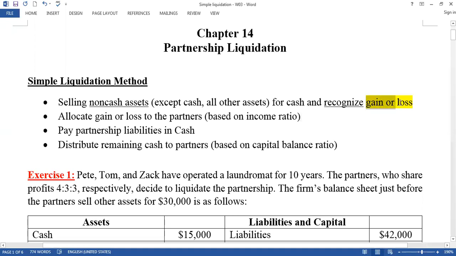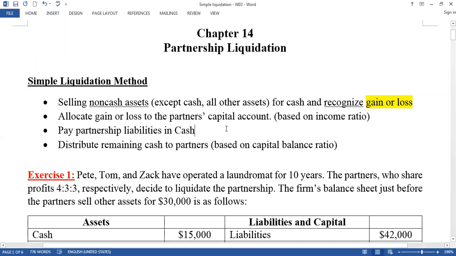But if we have a gain or loss, then we have to allocate this gain or loss to the partners' capital accounts. That means we are the partners, we are the owners, right?